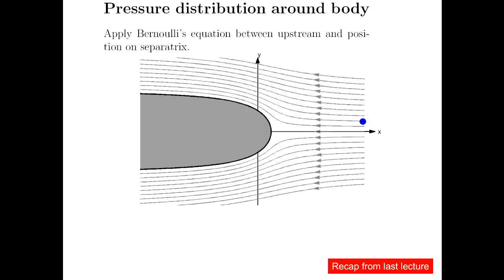So if I have some point upstream of the flow, which I've called U infinity and P infinity, the free stream pressure and velocity, and I want to know the pressure and velocity on the surface of the half Rankine body, I can very easily use Bernoulli's equation. And these points do not have to be along a streamline.